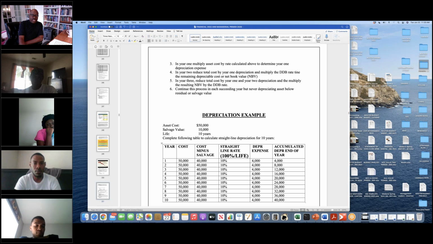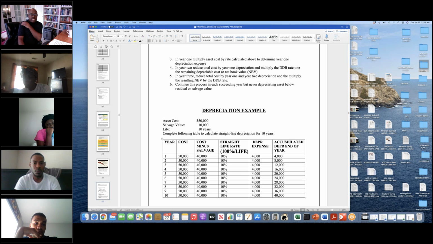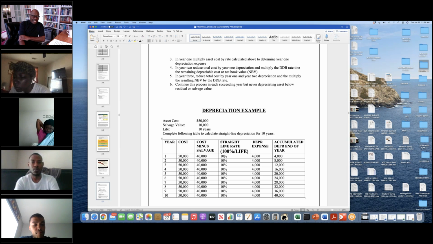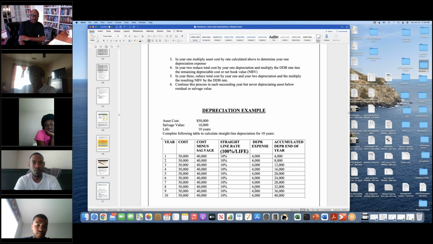Our depreciation rate is going to be 100% divided by the life, so that's 10%. That's how we get our straight line rate, which is the same as dividing by 10. But so that we understand double declining balance better, we do it this way. So we take 10% of the cost minus salvage, and the expense is $4,000 a year. So it stays the same every year.